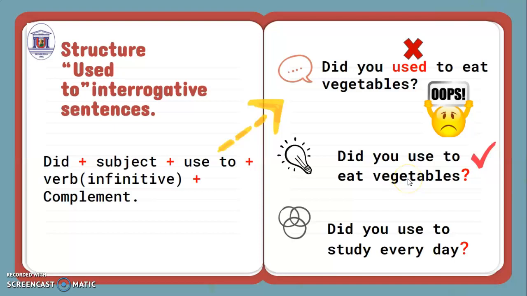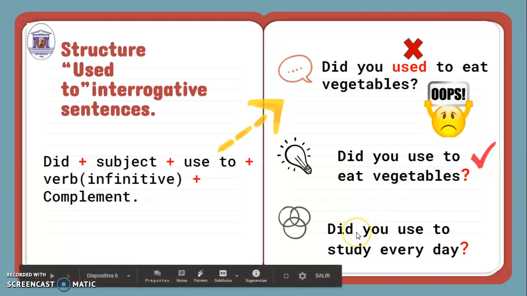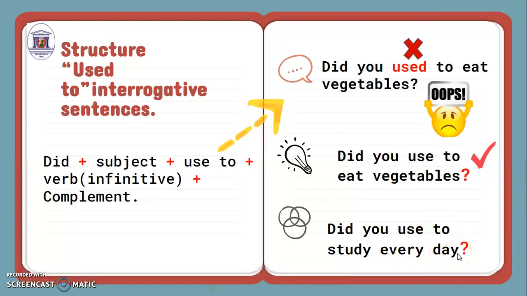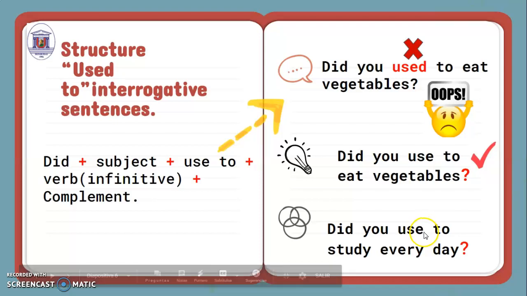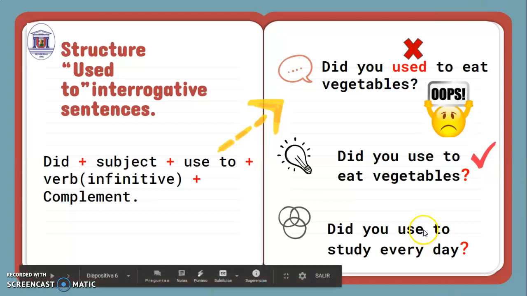You are going to say, yes, I did, or no, I didn't. The second one. Did you use to study every day? You are going to answer. So remember, we don't use the letter D in use.